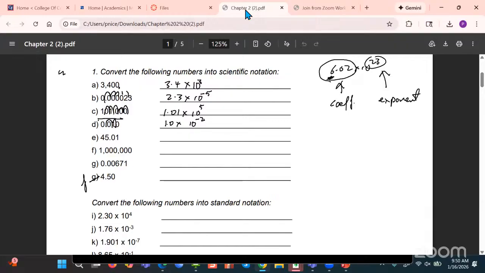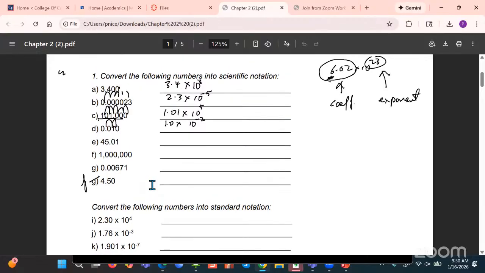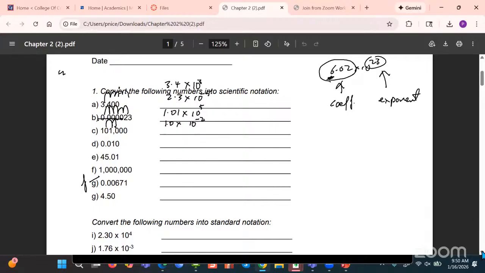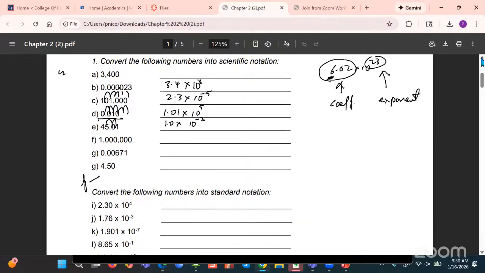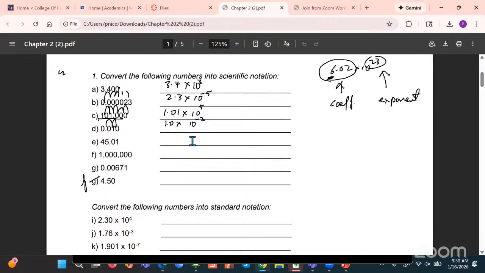Okay, everyone decided? Okay, are we finished with this section?